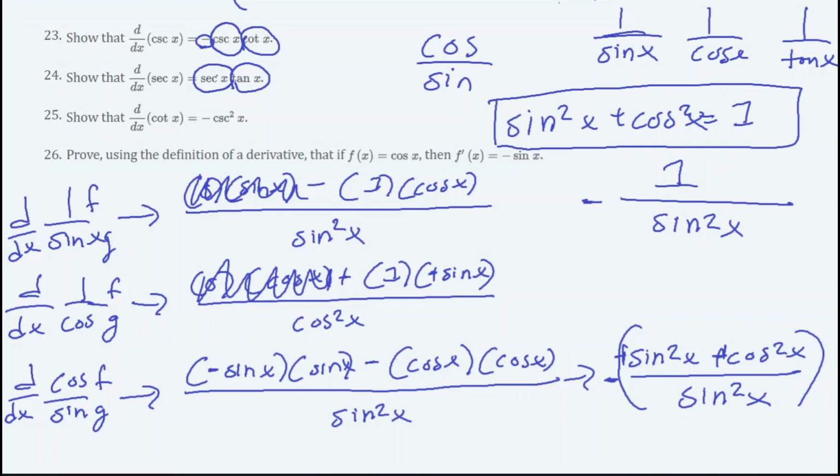And then we have the negative here. So the derivative of cotangent is a little bit more complicated, but as long as you know the rule of sine squared x plus cosine squared x equals 1, it should be pretty easy to figure out.